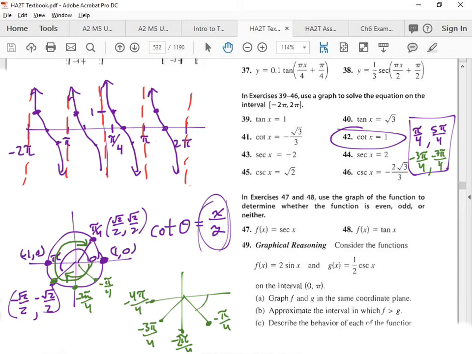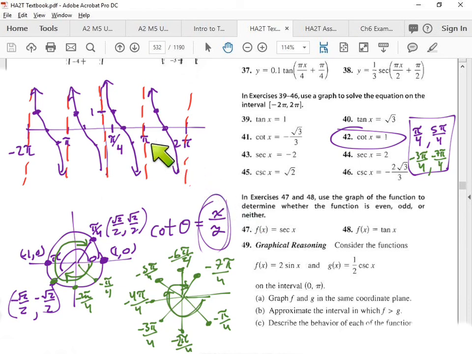But we're dividing it into 4s, so we keep going: negative 5 pi over 4, then negative 6 pi over 4. You see where negative 6 pi over 4 is? It's right up there. And one more would be negative 7 pi over 4.